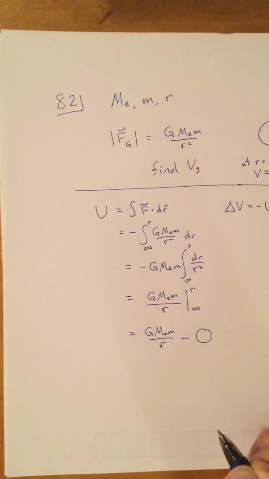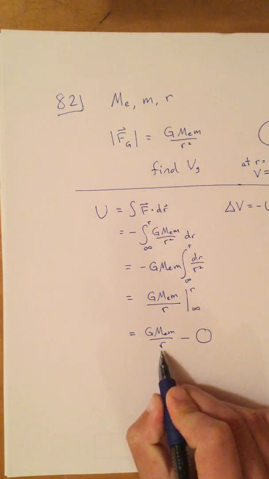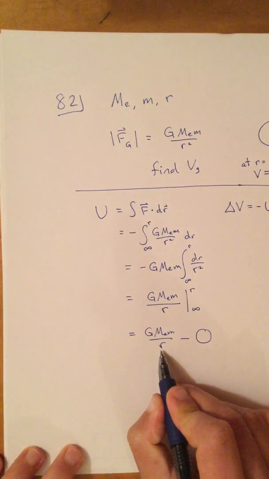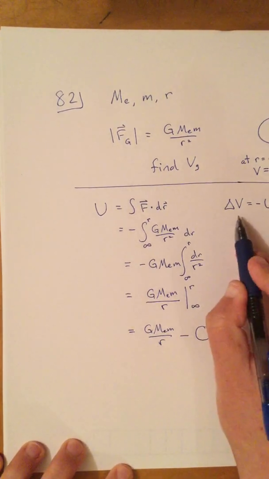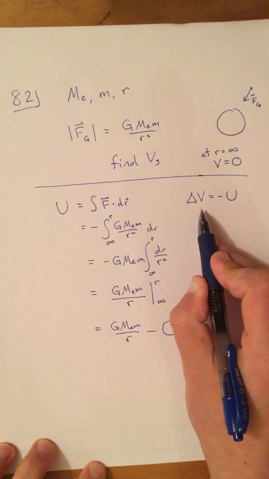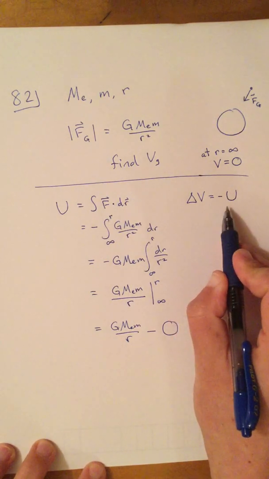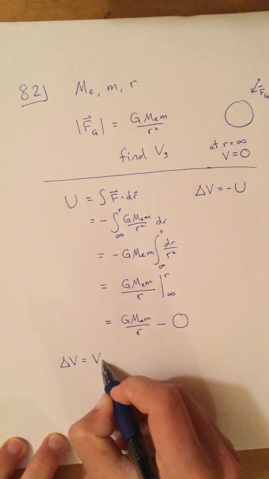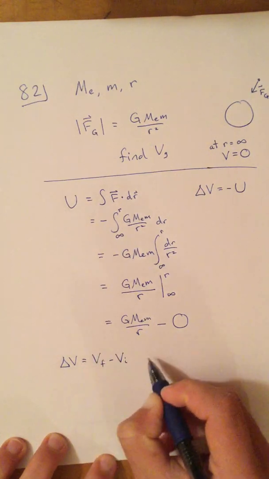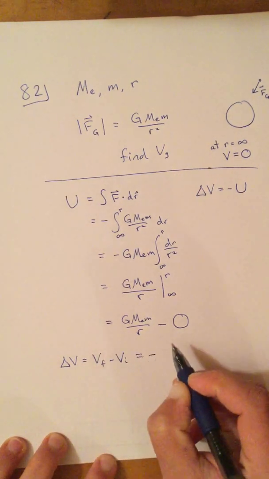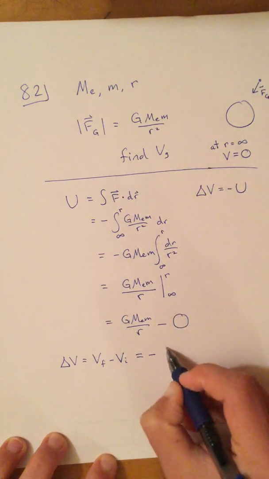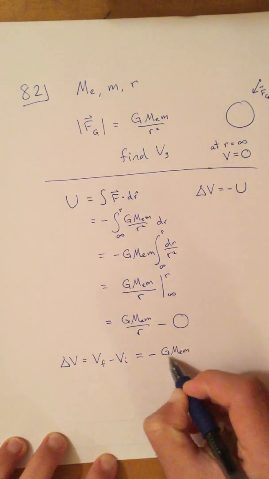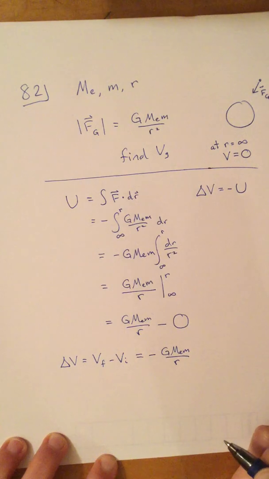And this is U. And we know that the change in potential is equal to negative U. Change in potential is V final minus V initial. That's equal to negative G M m over r.